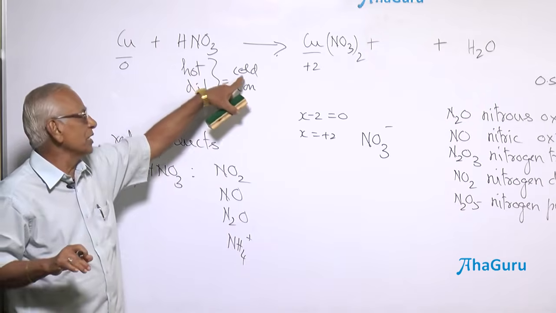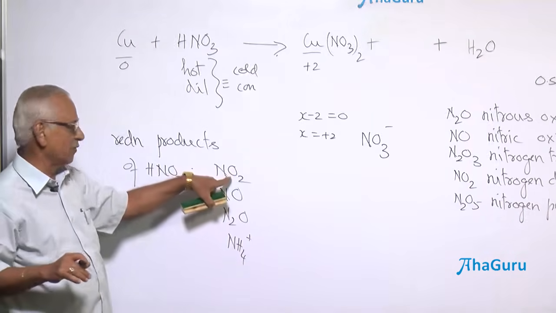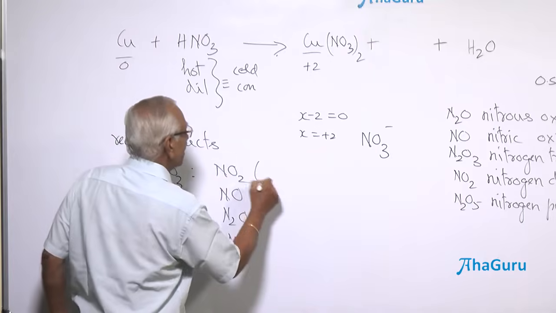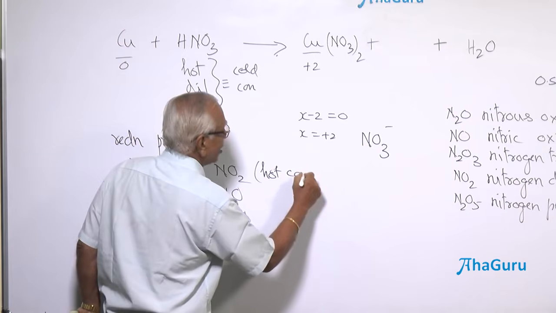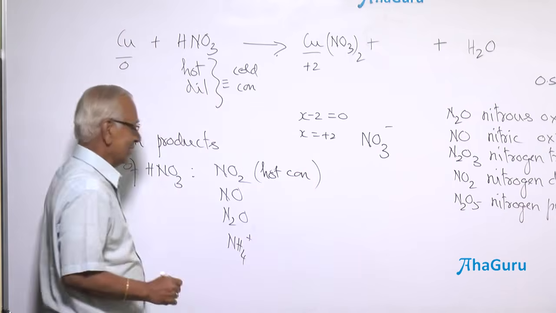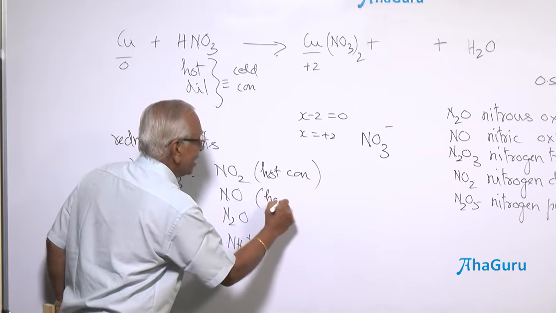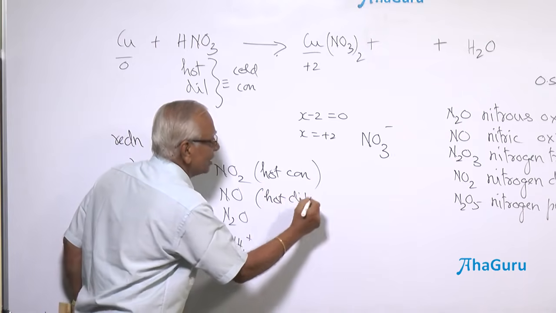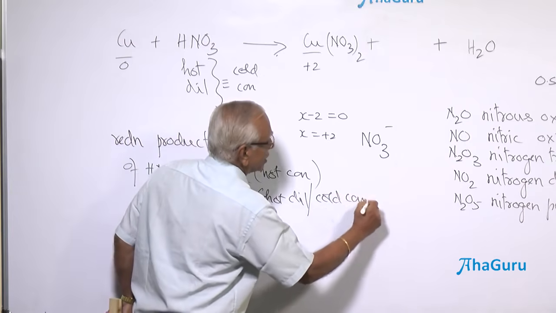If you are going to use it concentrated, it should not be hot, because hot concentrated will always give you this. So, this is the product NO2 when you are using hot concentrated nitric acid, and this is the product you are going to get when you are using hot dilute, which is equivalent to cold concentrated.